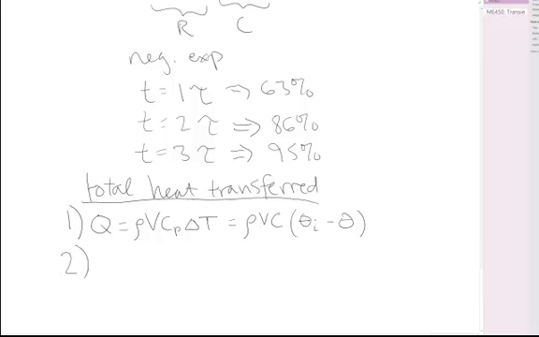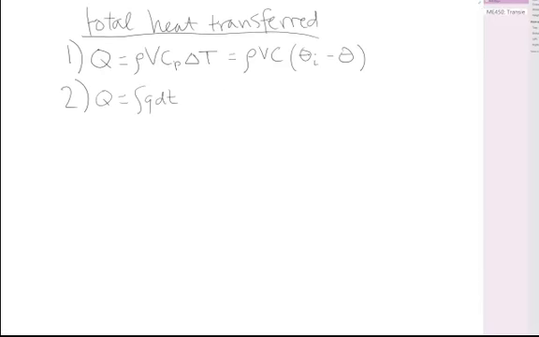The other way we can do it is we can think of Q, the total amount of energy transferred, as being an integral of the rate at which heat is transferred over time. So, substituting, that's going to be the integral of HA theta times d time, because the rate of heat transfer is the convection, HA theta. So HA is going to pull out of the integral. We're going to integrate this from 0 to some time t, and that'll give us the amount of heat transferred over that time.